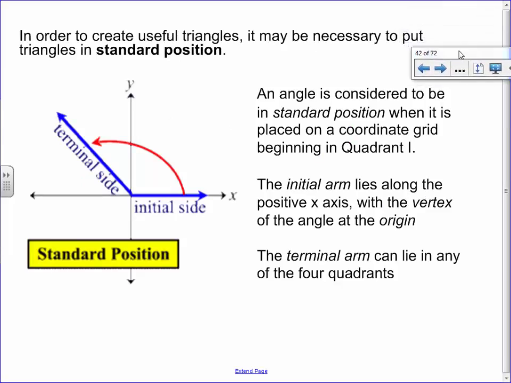Other terminology before we start an example here. If we're going to place an angle on a grid, in terms of definitions, we call this standard position. It's the general way that everybody does things, where you always put this point right here, the vertex of your triangle, at the origin. And then you call this side the initial side, or the initial arm. This side over here is the terminal side. And you can really have this go anywhere.